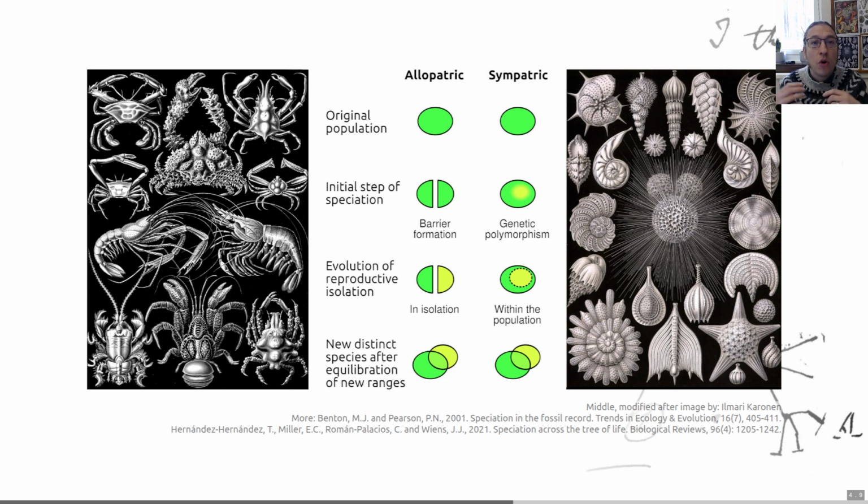So maybe what we've got here is a mixture of these two dynamics over different timescales and in different organism groups. That may, of course, impact or reflect different modes of speciation that we've seen elsewhere in this course. It may be, of course, that the differences between sympatric and allopatric speciation also are reflected in differences between punctuated and phyletic gradual change.